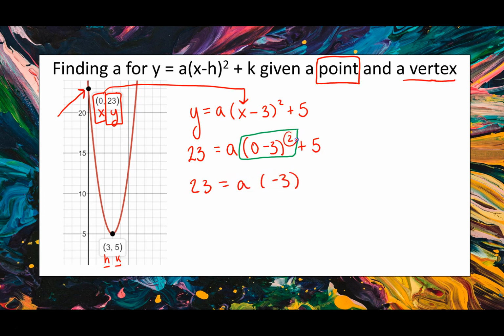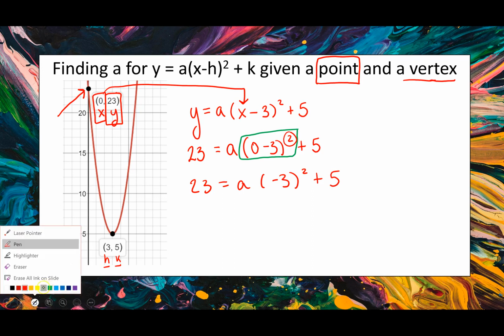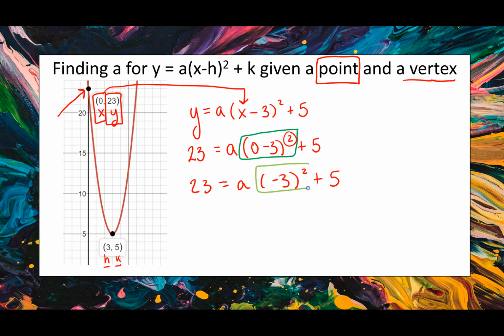And don't forget about the squared. I'll rewrite the rest of the problem. So next thing I'm going to do to simplify is negative 3 squared. Negative 3 times negative 3 is 9, so this gives me 23 equals A times 9 plus 5.